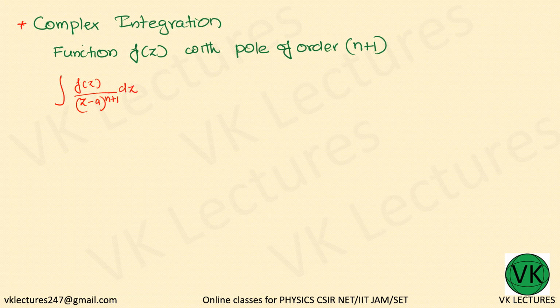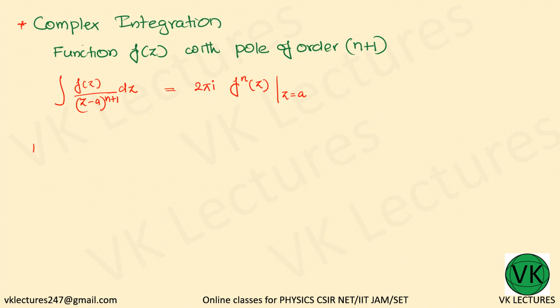This is what is called a pole of order n plus 1. Now this is equal to 2 pi i times the nth derivative of the function f of z at z equal to a. Now this is for a pole of order n plus 1.